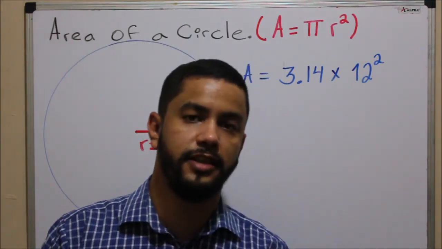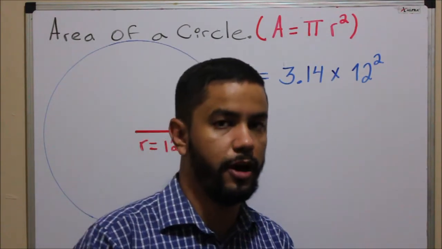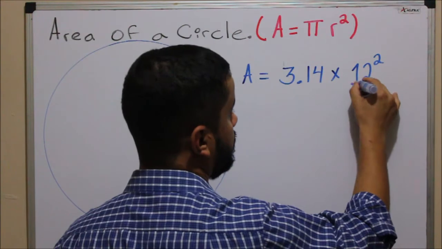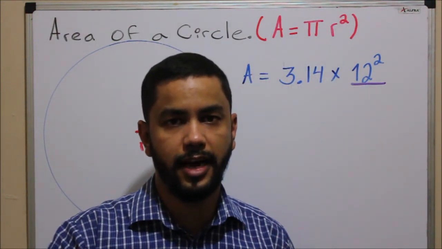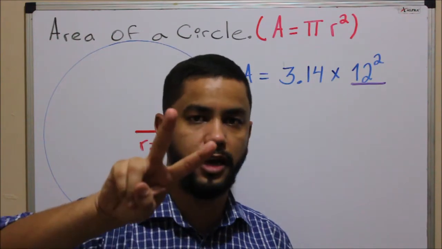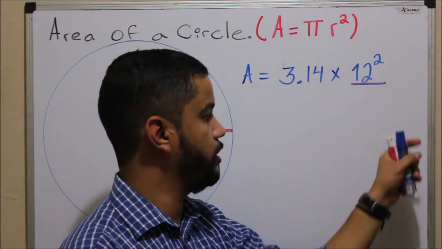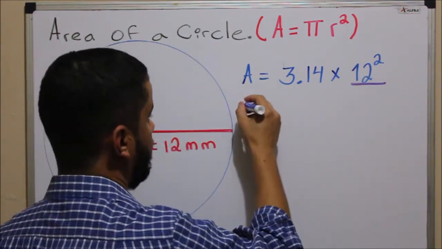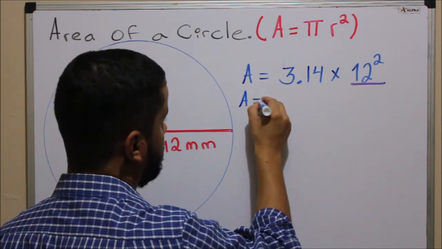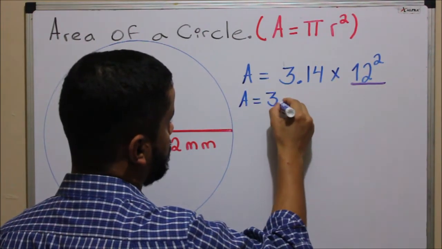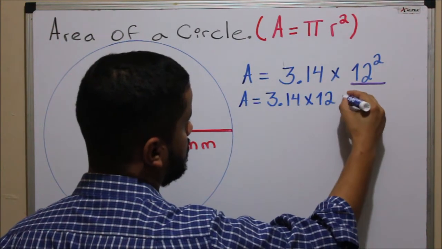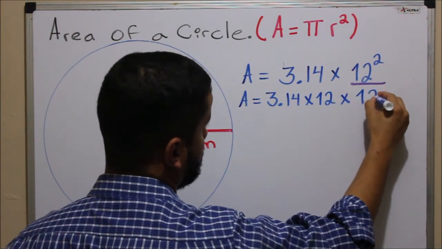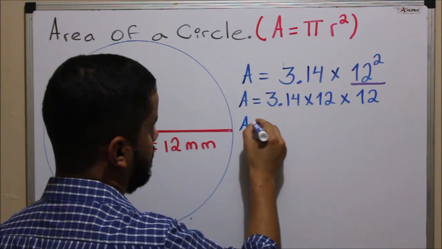Now what does that mean? That square there represents 12 times 12. So the area will be equal to 3.14 times 12 times 12, like that.